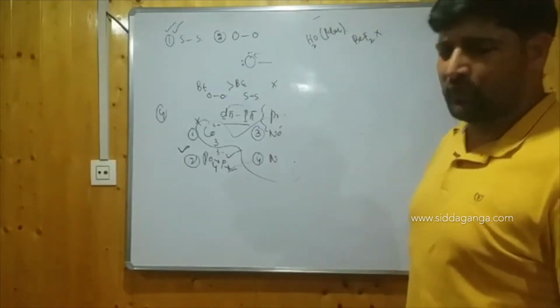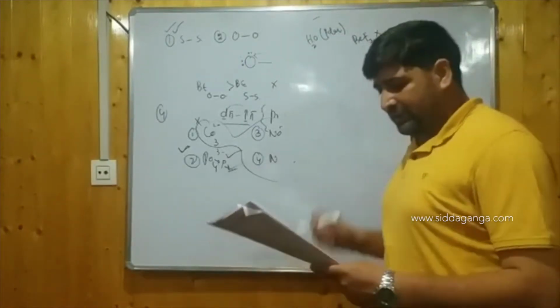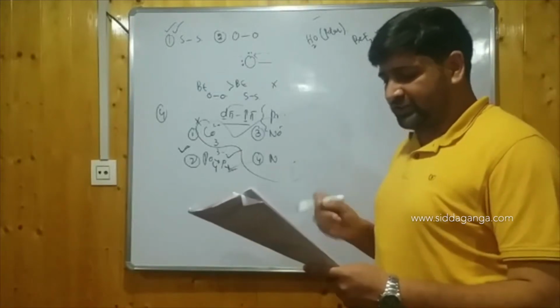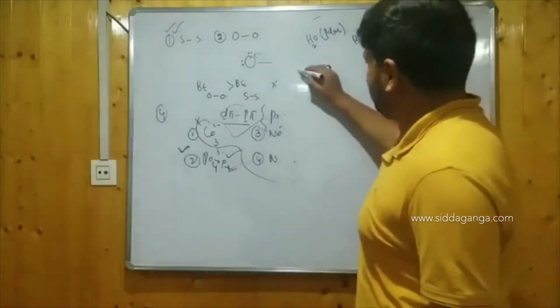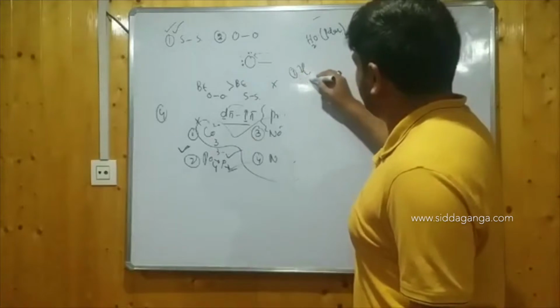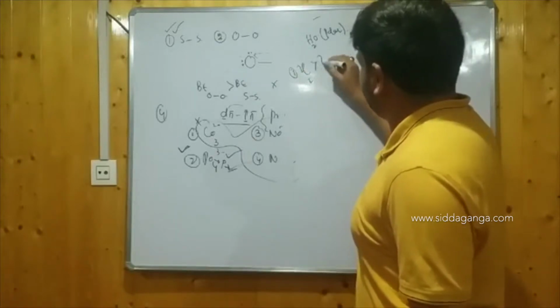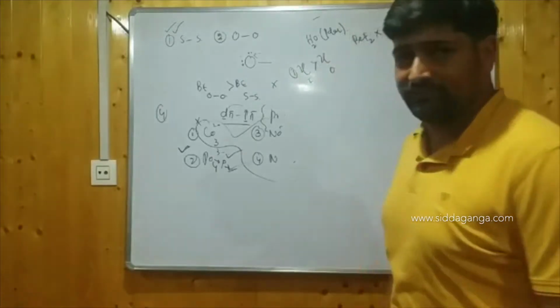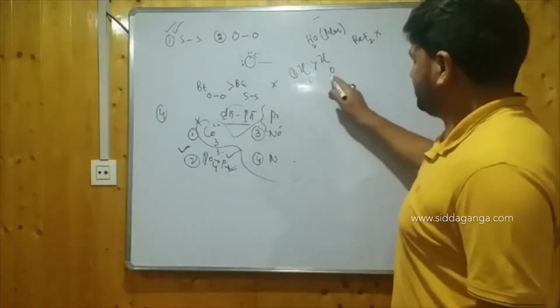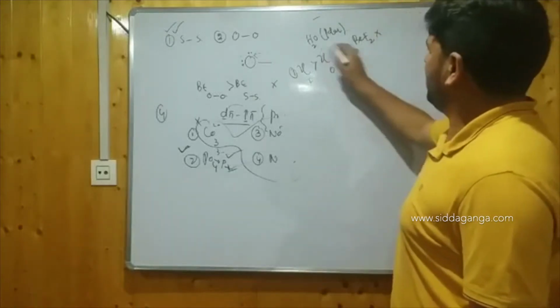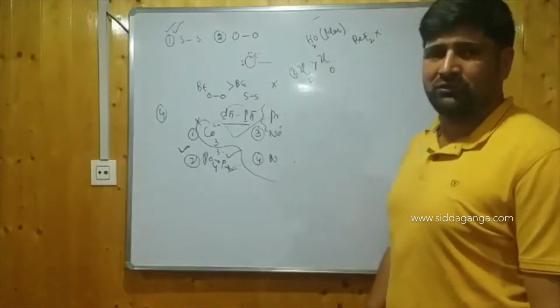It's very simple. Options given here are: the electronegativity of fluorine is greater than that of oxygen. That means option 1, electronegativity of fluorine is greater than electronegativity of oxygen. Okay, this is correct. But it does not explain why water is polar and why BeF2 is non-polar.